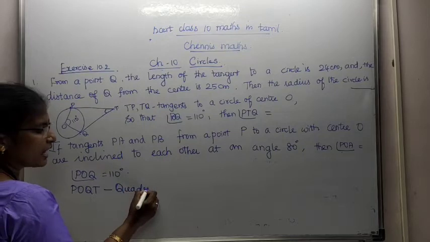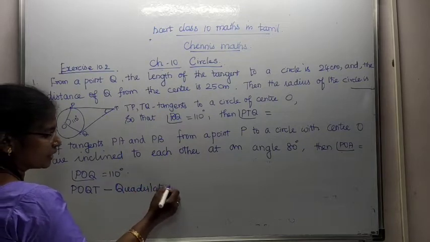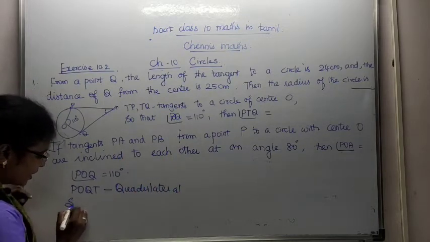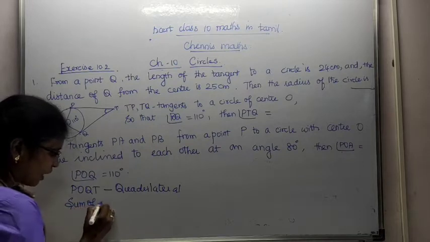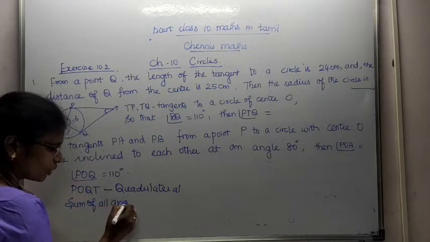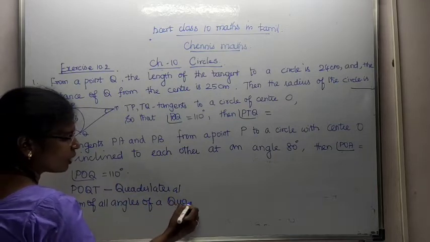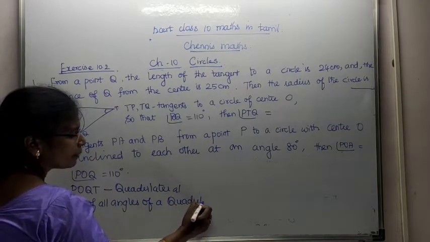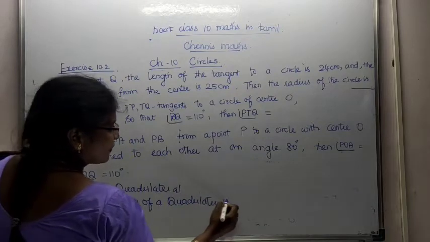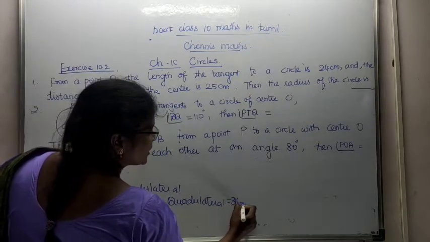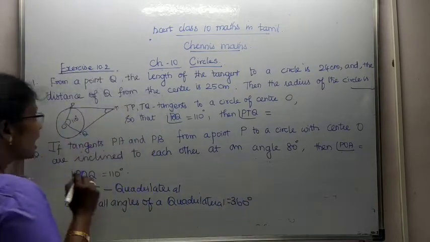we know the sum of all angles of a quadrilateral is equal to 360 degrees. Understand this well.